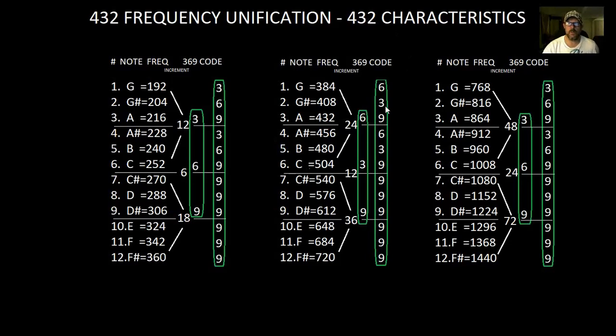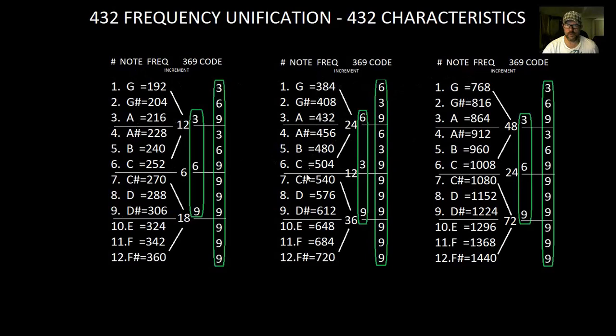Okay, in this clip we're going to go over the pure tones. Here's 3 octaves of pure tones, and then we're going to talk about the 369 code that's embedded in these octaves, in these frequencies. So what we've got here is the 432 12 note octave right in the middle, and then an octave above and an octave below.